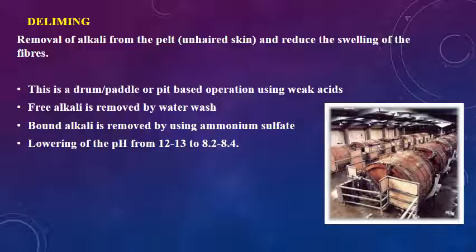So that bound alkali is removed by using weak acids or ammonium sulfate. In this process we can also reduce the pH. The pH which was up to 12 or 13 will come down to 8 or 8.4. So these are the purposes of de-liming.